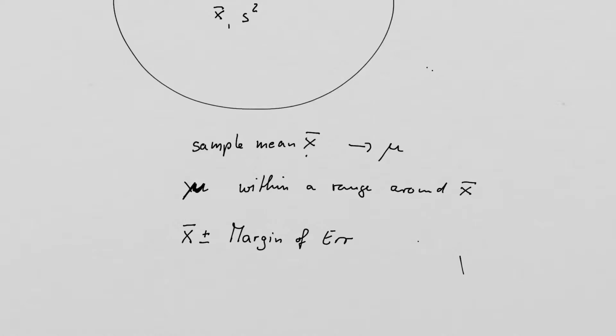Margin of error. If we look at it in a visual representation, here we have our x bar, and this region to the left and to the right of x bar indicates our range. Each bit here is indicated by the margin of error. And the whole part is called a confidence interval.